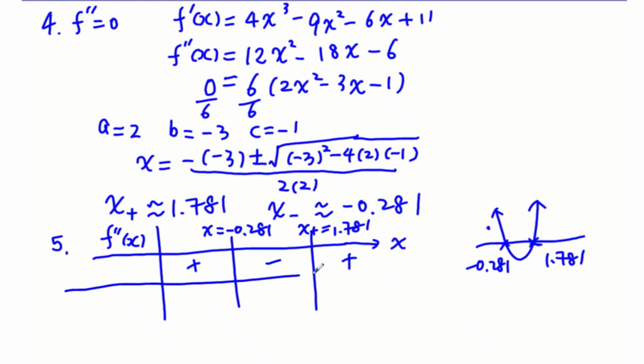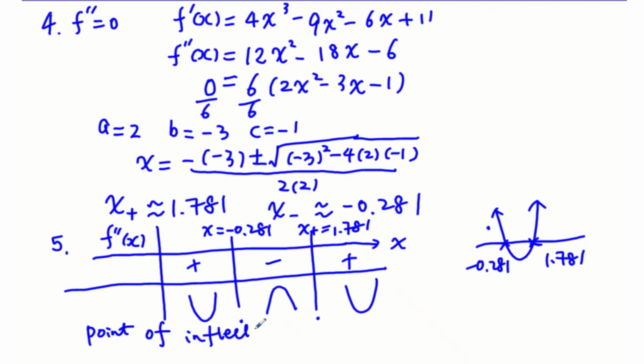So it means here is concave up, here is concave down, here is concave up, and at these 2 points the concavity is changing, so it means it is a point of inflection. x equals negative 0.281, x equals 1.781. So these are the 2 points of inflection.